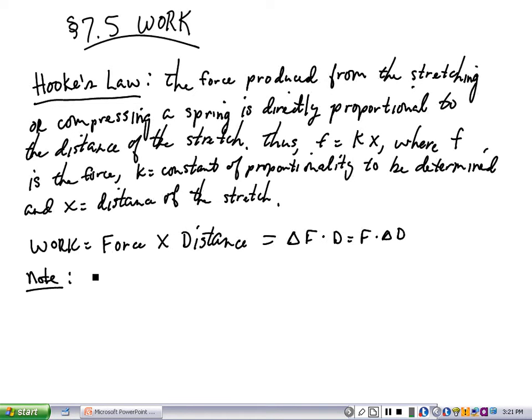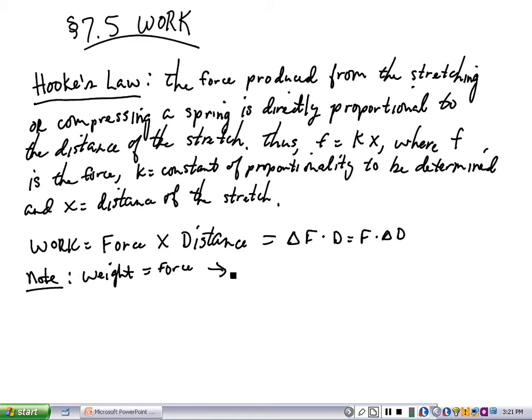Note that it may be necessary at times to consider weight as the force. If you have a liquid going into a tank and you're trying to fill the tank or empty the tank, we talk about the weight of the liquid as the water or whatever liquid it is being filled into the tank or emptying out of the tank.